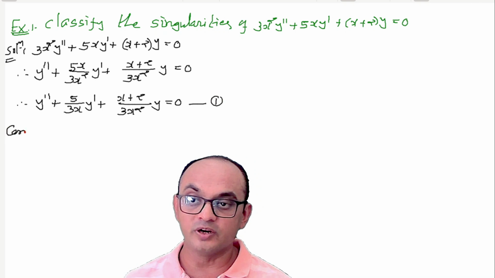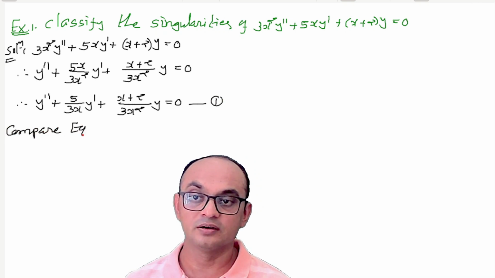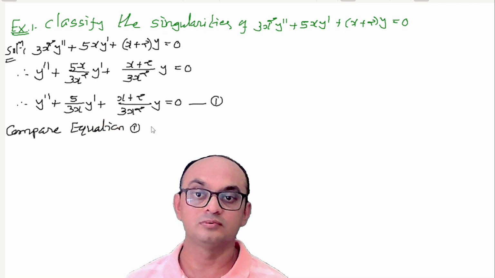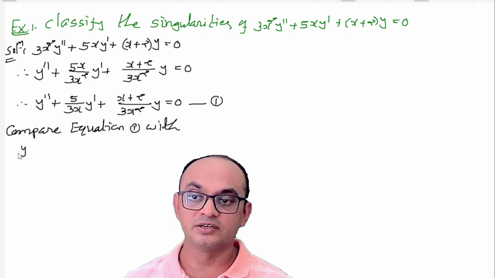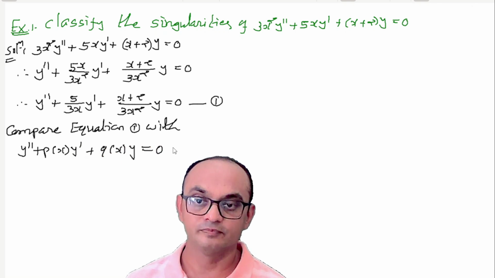Now compare equation 1 with y double dash plus p(x) into y dash plus q(x) into y equal to 0. Right.